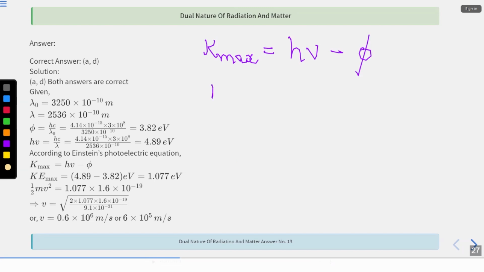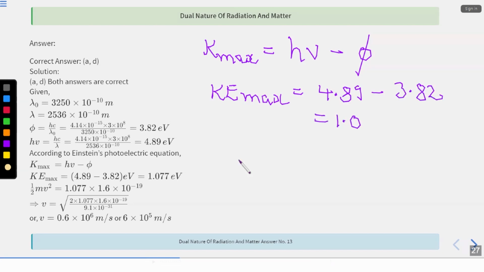And we know that here KE max is equal to 4.89 minus 3.82, and you'll get it as 1.077 eV. But we are supposed to find out the velocity.